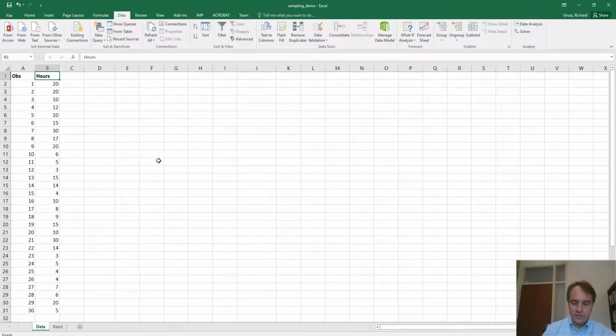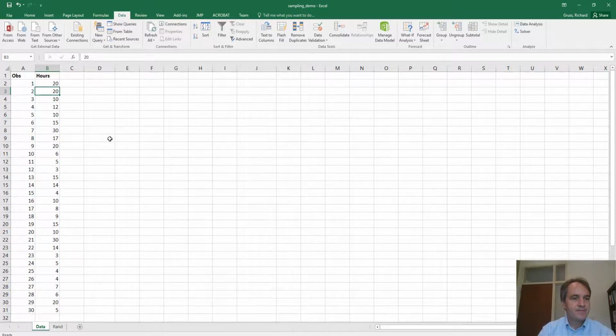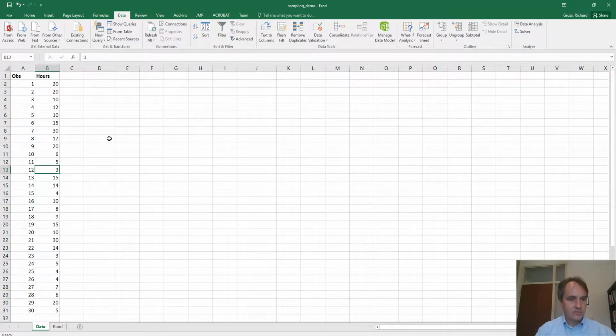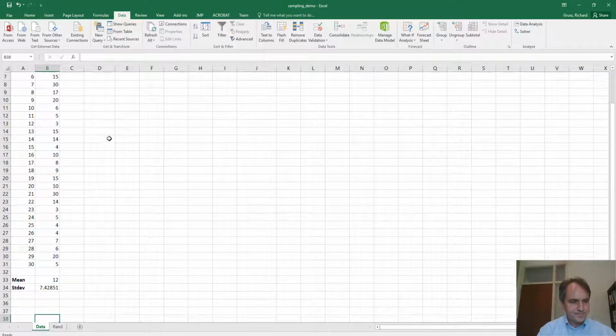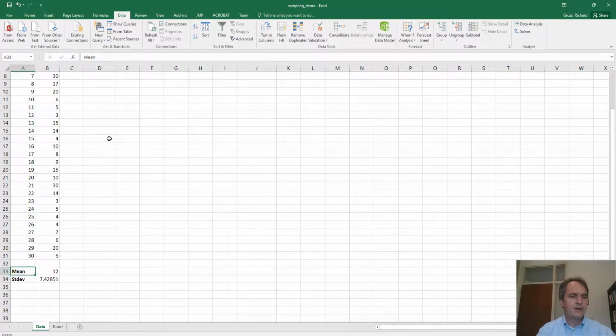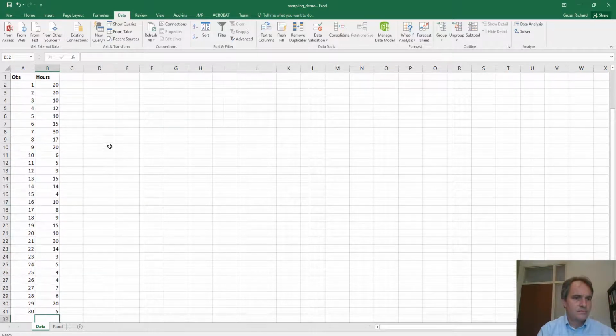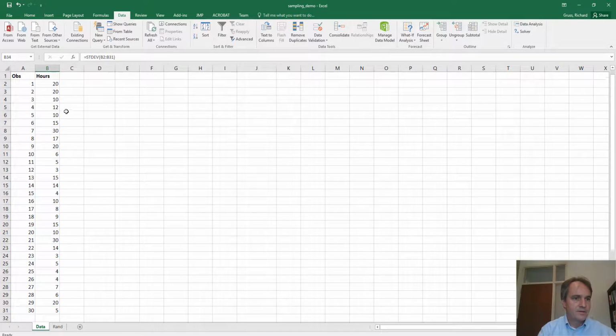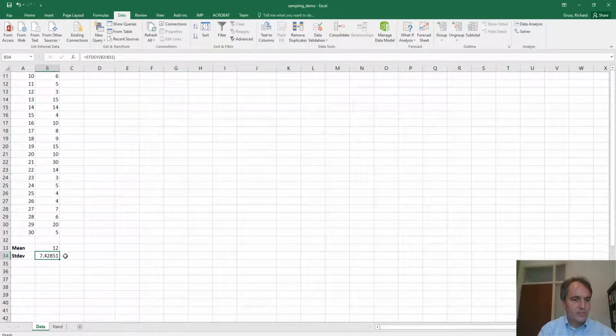We can look at some basic shape data about this. We see we have a lot of 20s, a lot of 15s, but it also goes down as low as 3. I've calculated the mean of this whole set as 12, and the standard deviation of hours is 7.4.